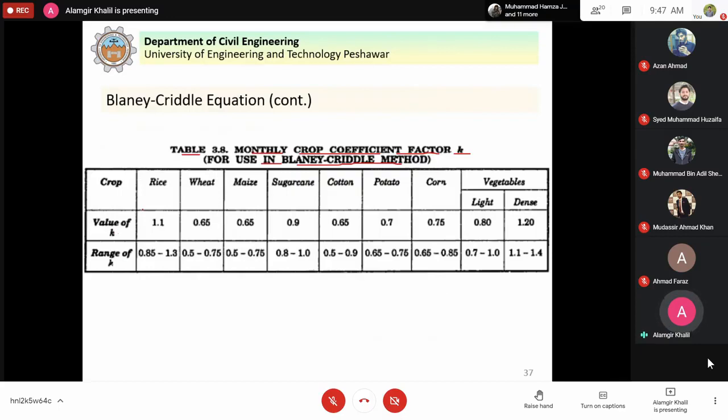You can see here that for rice the value of k is 1.1, with a range of 0.85 to 1.3. Similarly, for wheat the value of k is 0.65, the range is 0.5 to 0.75, and so on. So for different crops the k values and ranges are given. If we solve a problem and the k value is not given, we can use this table to take the average value and use it in the equation to estimate the consumptive use.